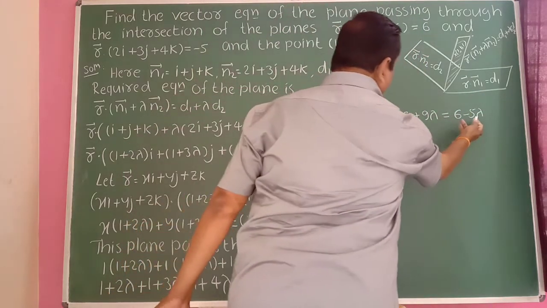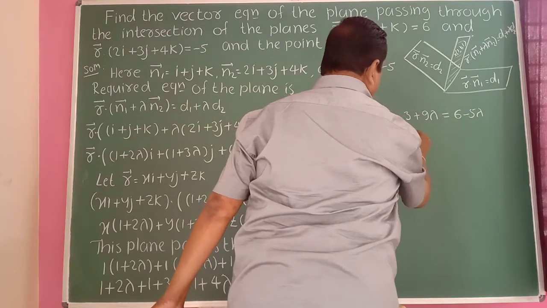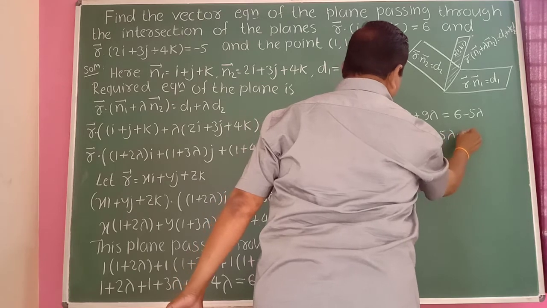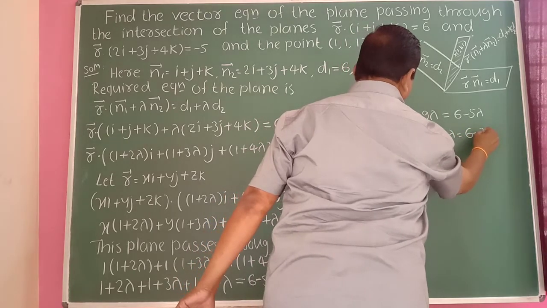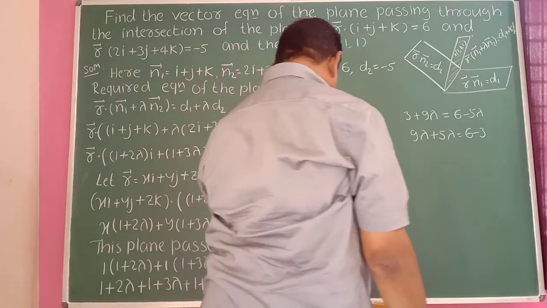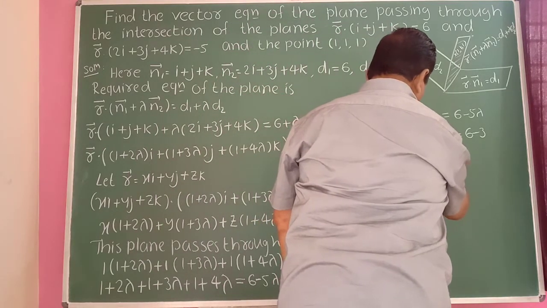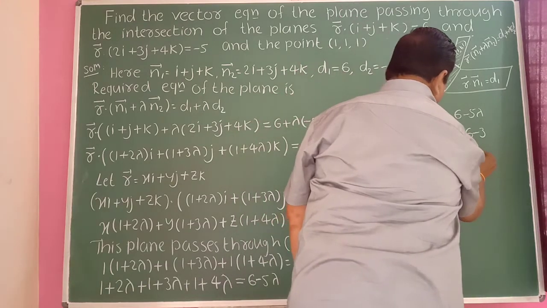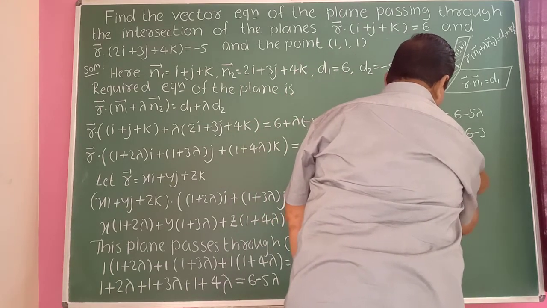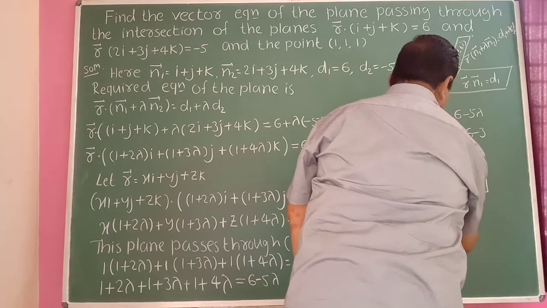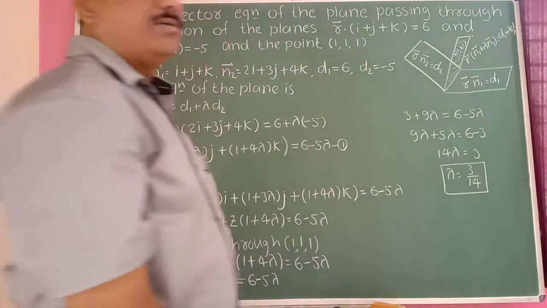Take minus 5 lambda to this side, 3 to that side. So 9 lambda plus 5 lambda is equal to 6 minus 3. 9 plus 5 becomes 14, so 14 lambda is equal to 3. Therefore lambda is equal to 3 divided by 14.